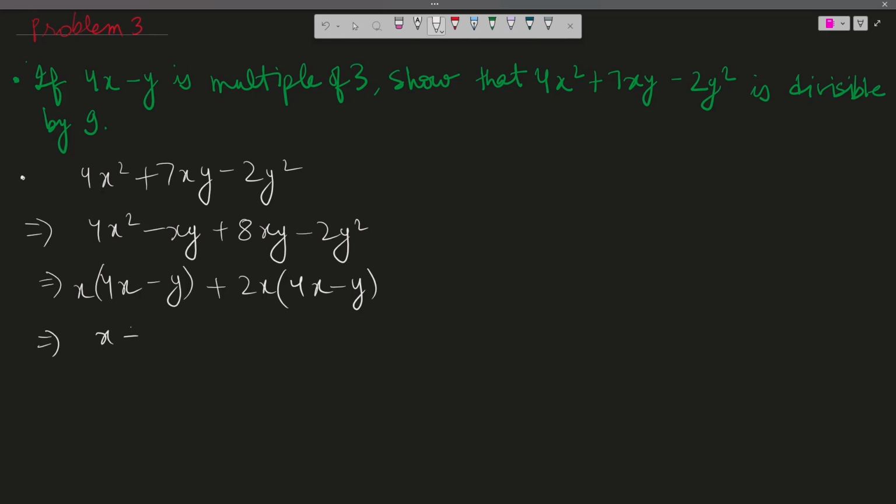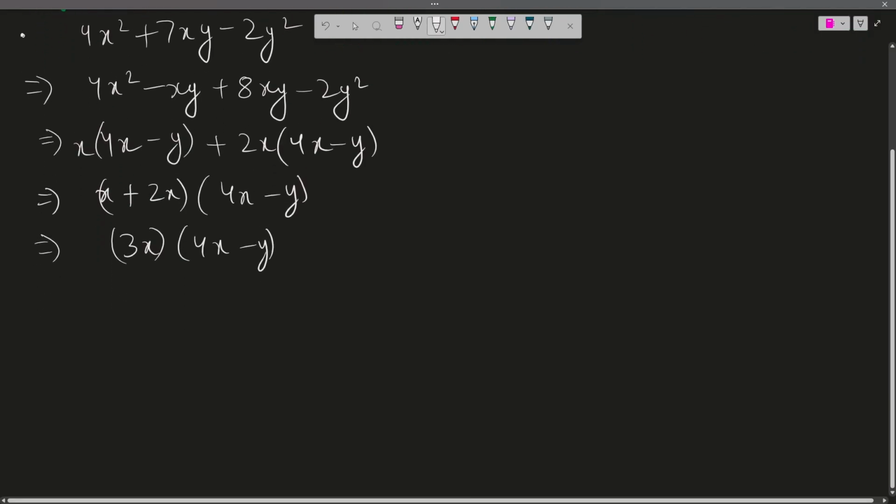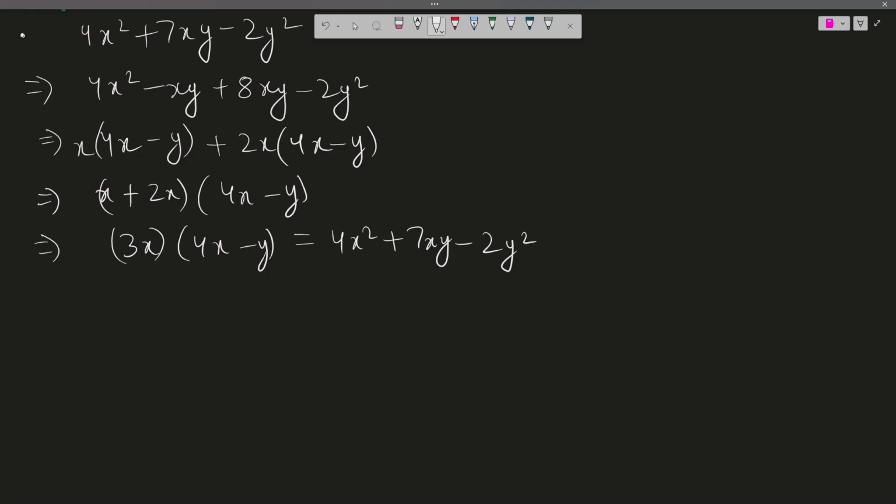We can write it as x plus 2y into 4x minus y, or as 3 into 4x minus y. So this is how we have factorized it.